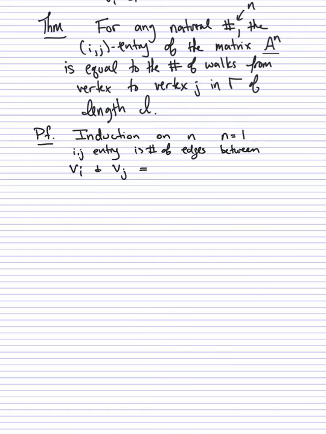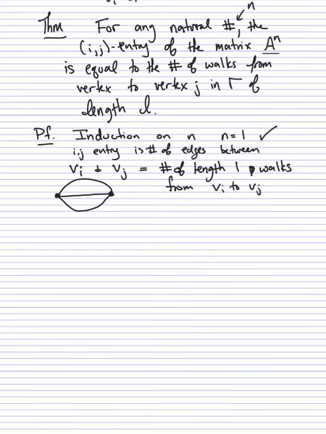And this is equal to the number of length 1 walks from Vi to Vj. So for any pair of vertices, you look at the number of edges, that's the number of length 1 paths, so that's it.